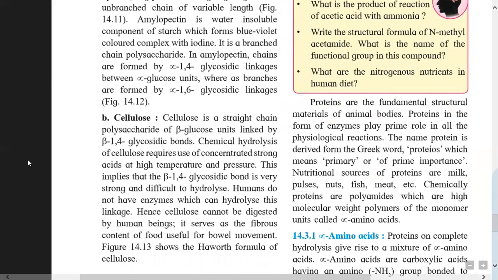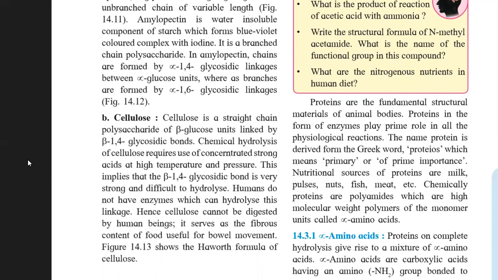This implies that the beta 1,4 glycosidic bond is very strong and difficult to hydrolyze. This is one of the reasons why humans do not hydrolyze cellulose. Humans do not have an enzyme which can hydrolyze this linkage. Which linkage?